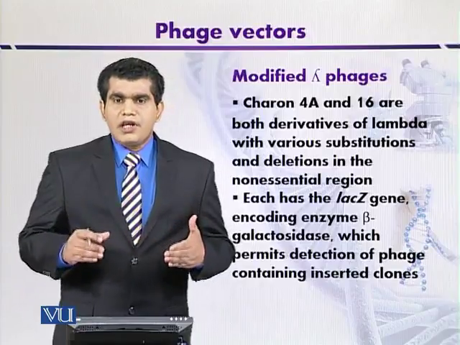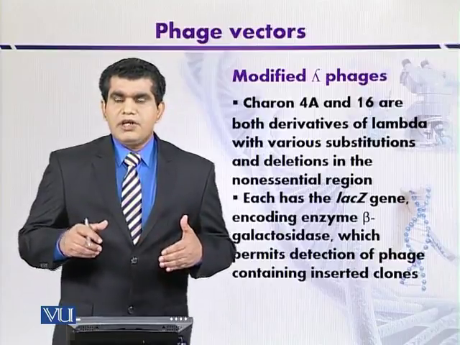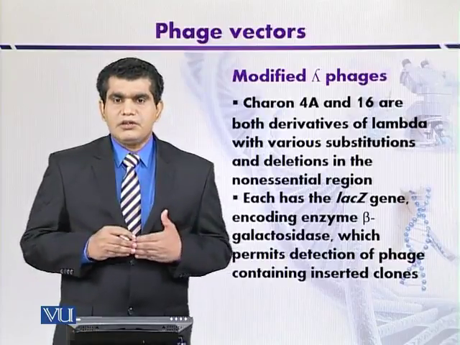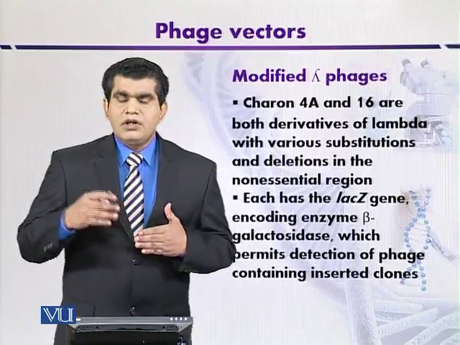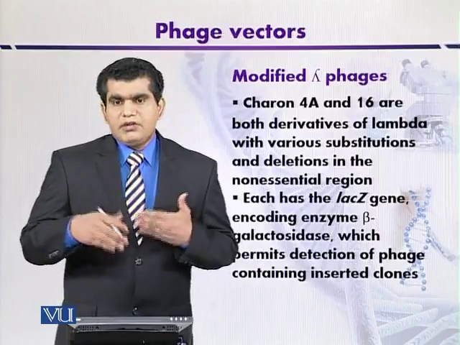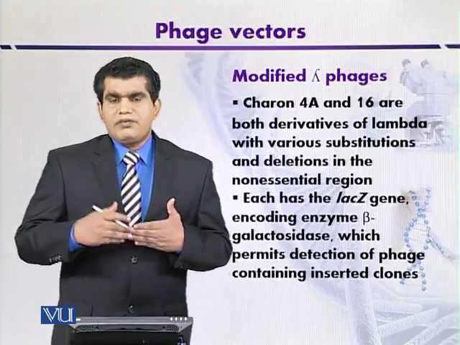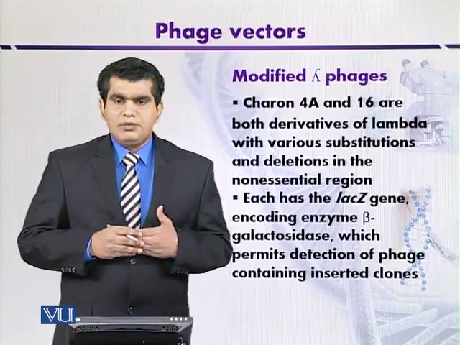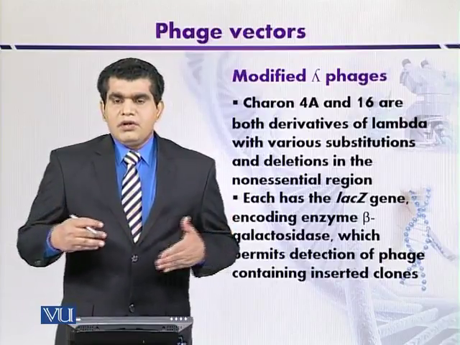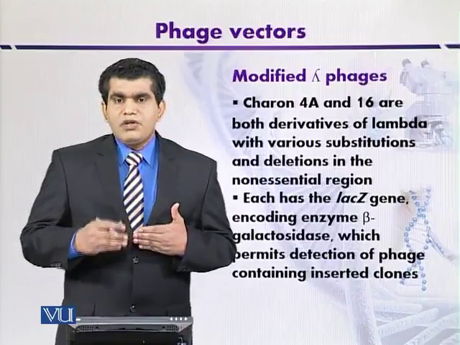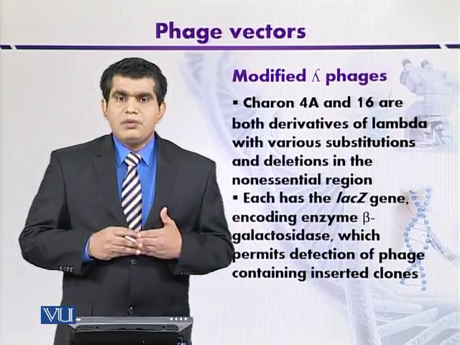So here we can clone larger DNA fragments, whereas in case of an insertional vector like Charon 16, we are inserting the foreign DNA without the removal of vector DNA. Then only smaller DNA fragments, up to 5 kilobase pairs, can be cloned. So overall, because of the presence of the reporter gene, these modified lambda phages are very effective in transforming E. coli cells.